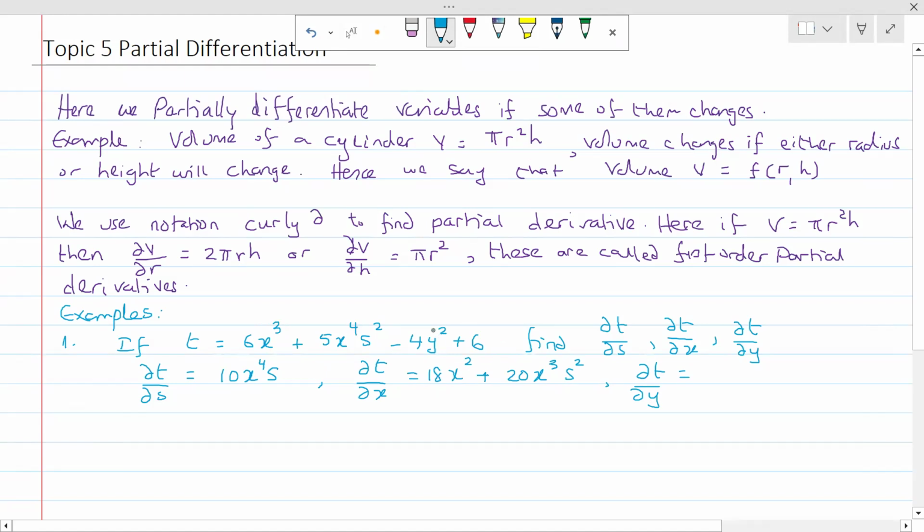For y, with respect to this, all these go to 0. Therefore, it's going to be equal to 8y. So this is how we can differentiate partially.